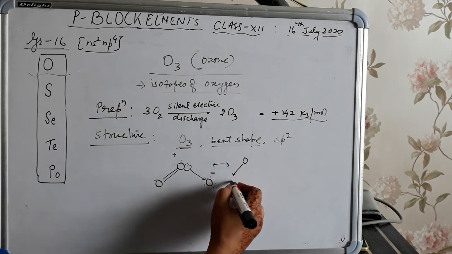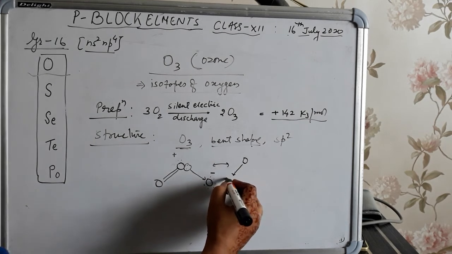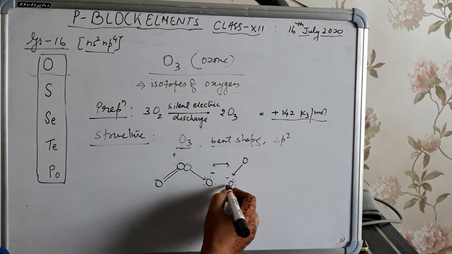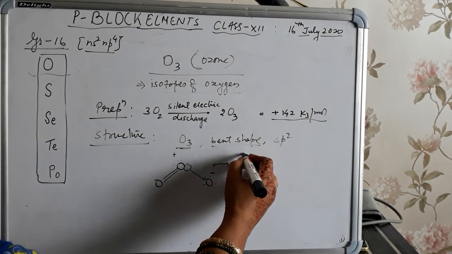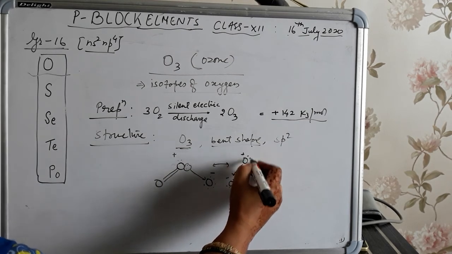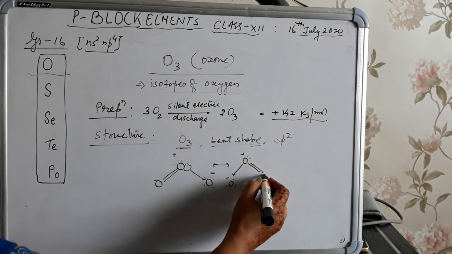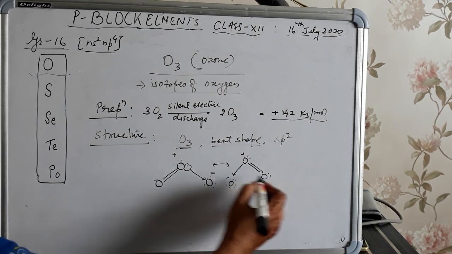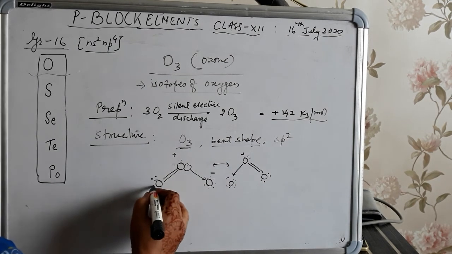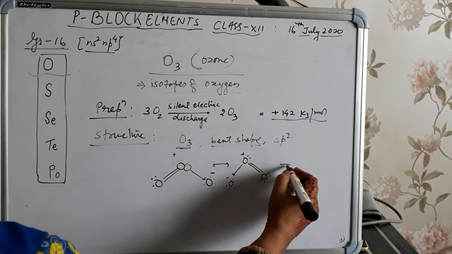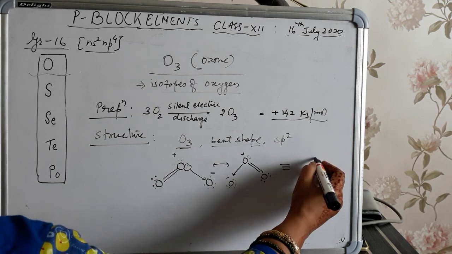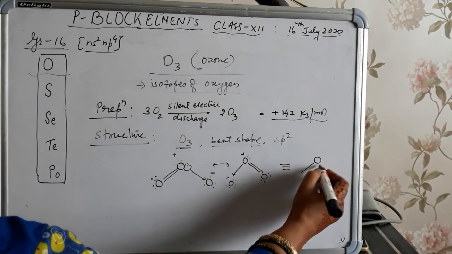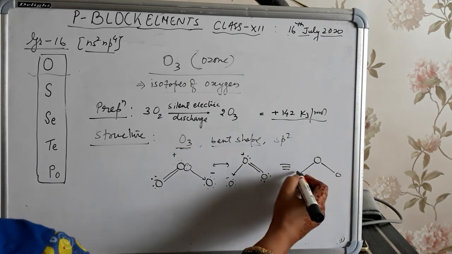Suppose here it will form a plus charge with 2 electrons, and here the double bond oxygen forms, with 4 electrons here and 4 here. So the resonance hybrid structure is like this.